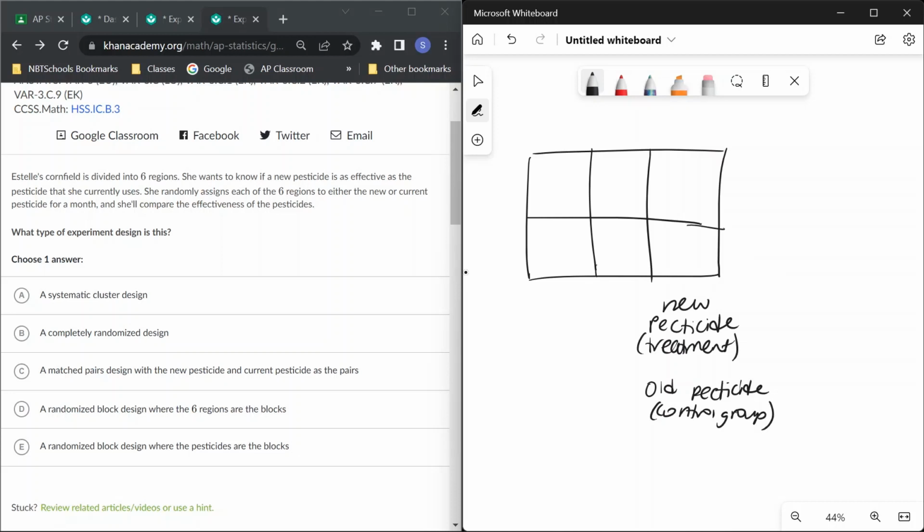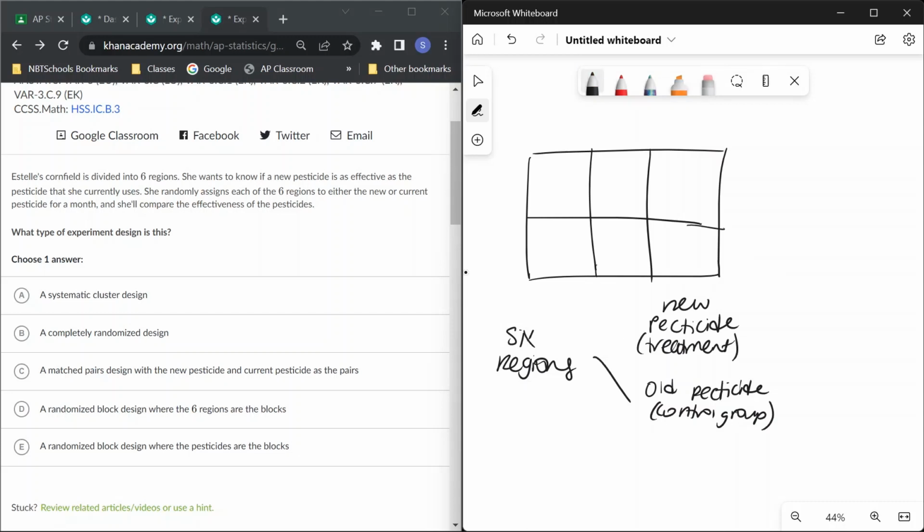And they're being randomly assigned to... That doesn't make sense. I feel like it's better to word that the 6 regions are being randomly assigned to a treatment. So I would say 6 regions randomly assigned.